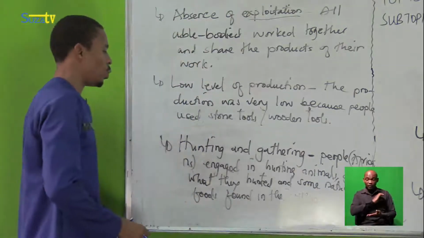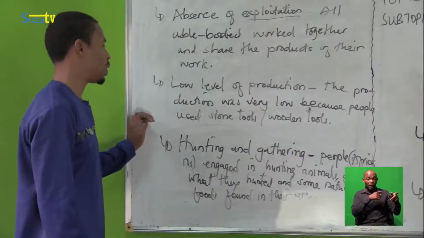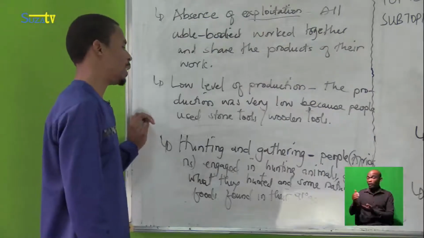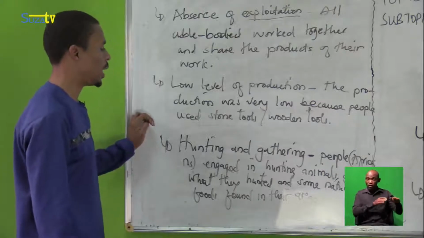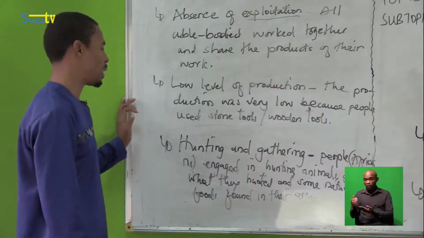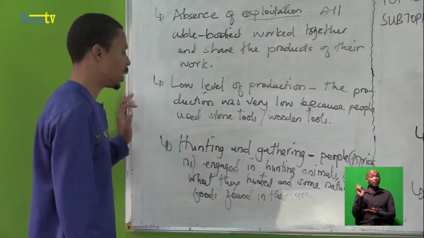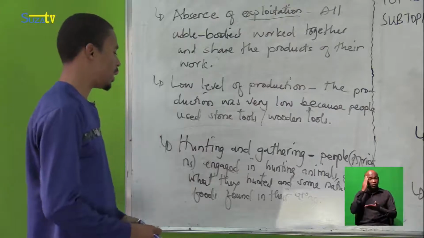So one of the characteristics of primitive communalism was hunting and gathering. People hunted animals in the thick forest and also gathered some natural or raw food found in the areas.